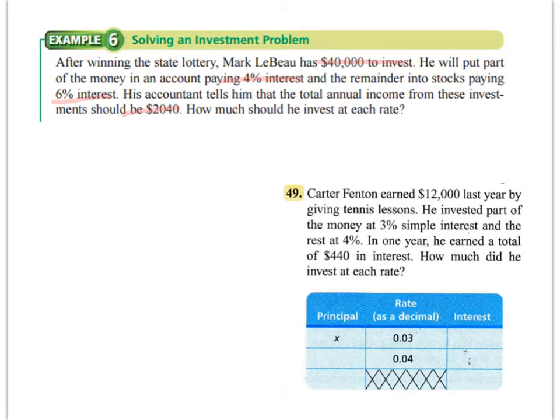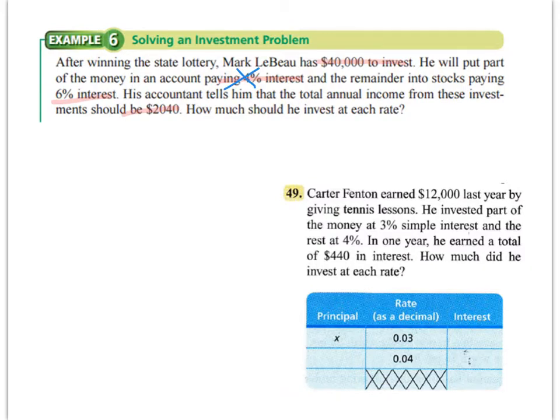Again, one way to think of this is as if you were looking at a system of equations, or you can just write one in terms of the other. So, for example, if we say that X equals the amount that is invested at the 4%, then the amount invested at the 6% would be 40,000 minus the X. Whatever you don't invest at the 4%, you're going to invest at the 6%.